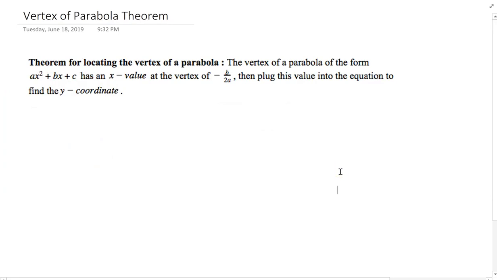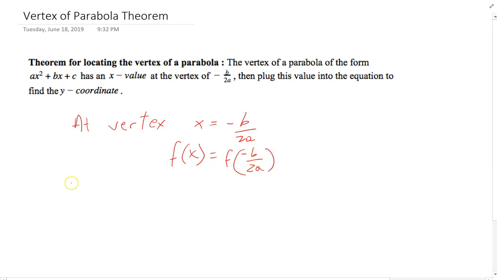Now there is a theorem for locating the vertex of a parabola. This theorem says that the vertex of a parabola of the form ax² + bx + c has an x value at the vertex of -b/2a. So at the vertex, x equals -b/2a. And then we plug this -b/2a into the function, so f(x) will be f(-b/2a).